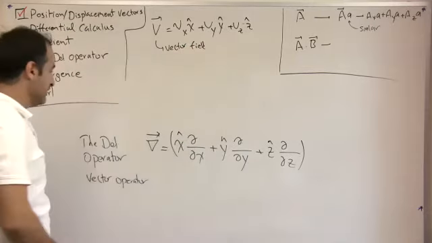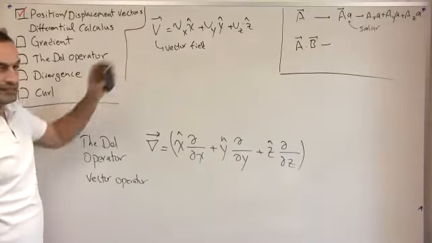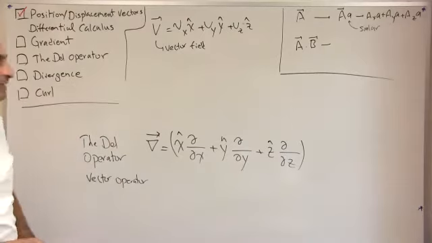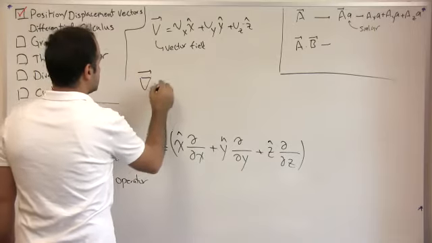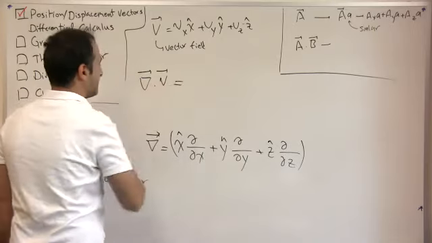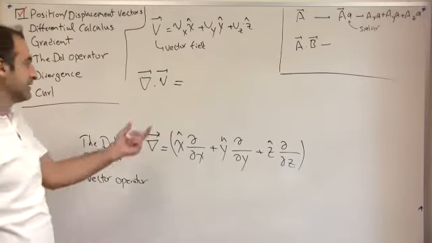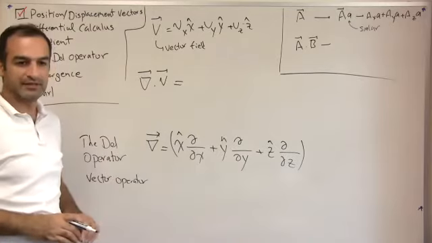Okay. We can use the del operator on a vector field two different ways. One of them is a dot product. We can do the del operator dot v, and this is technically the definition of the divergence.